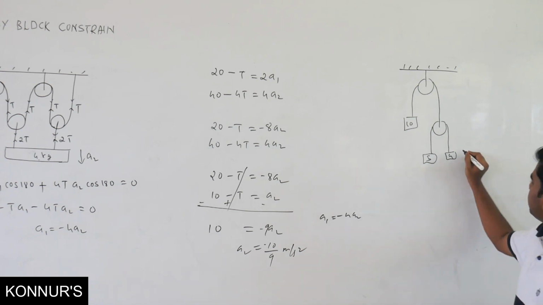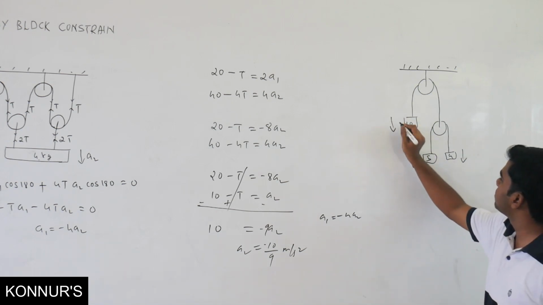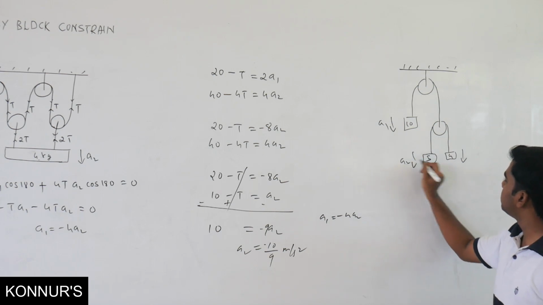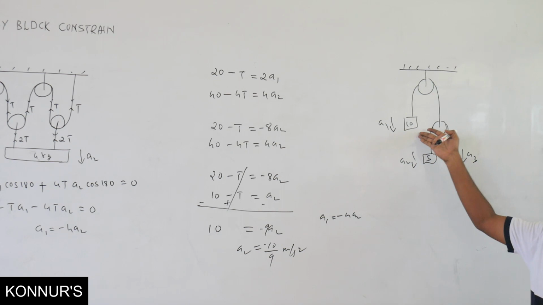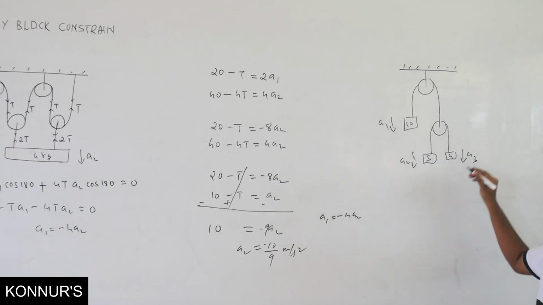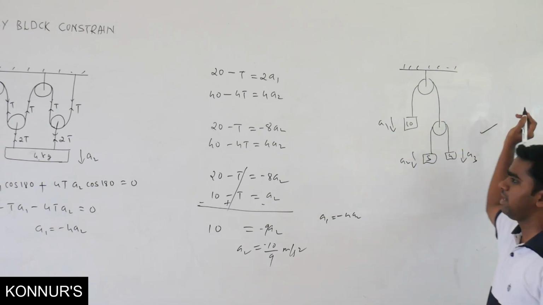Just take the accelerations in any one direction. You can take this as a1, this as a2, this as a3. You can find a1, a2, a3 and the T values, or T1, T2. Try this problem.